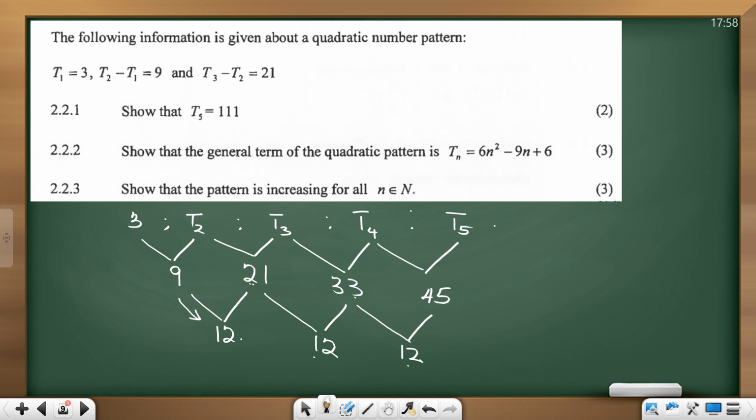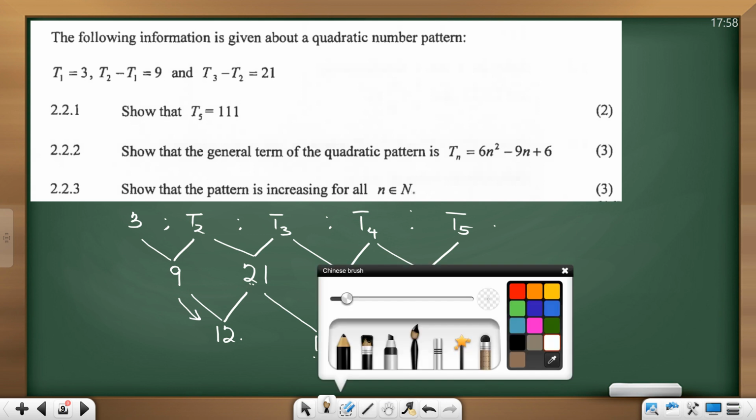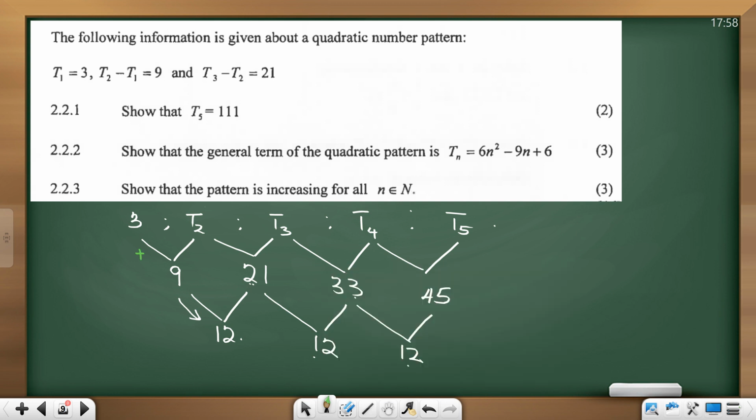Now we can walk down the ladder for T2, T3, and T4 because you are just adding. T1 is 3. 3 plus 9 would give me 12. 12 plus 21 would give me 33. We're adding. 33 plus 33 would give me 66. And 66 plus 45 is 111. So please check the order. We are just adding as we move from left to right.